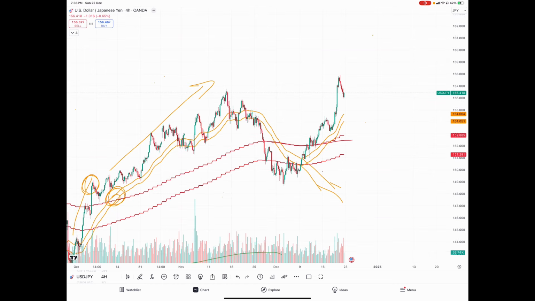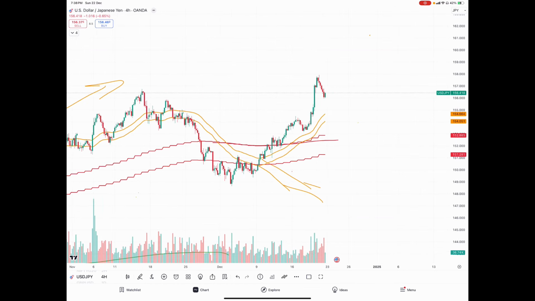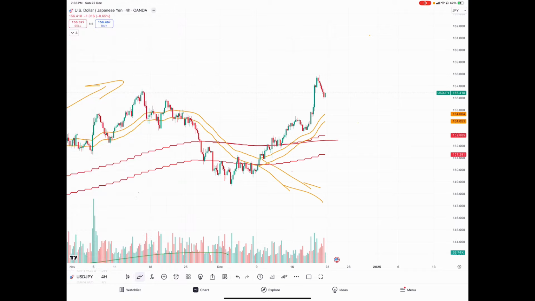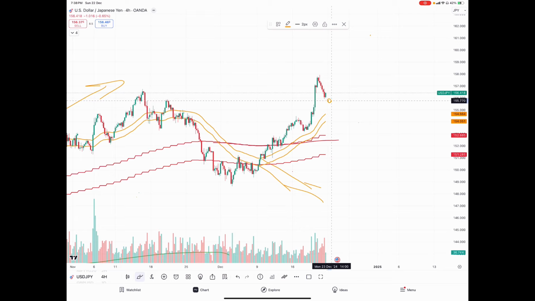So let's talk about what can happen this week. So markets can open somewhere here. It can trace back till orange lines and bounce back.